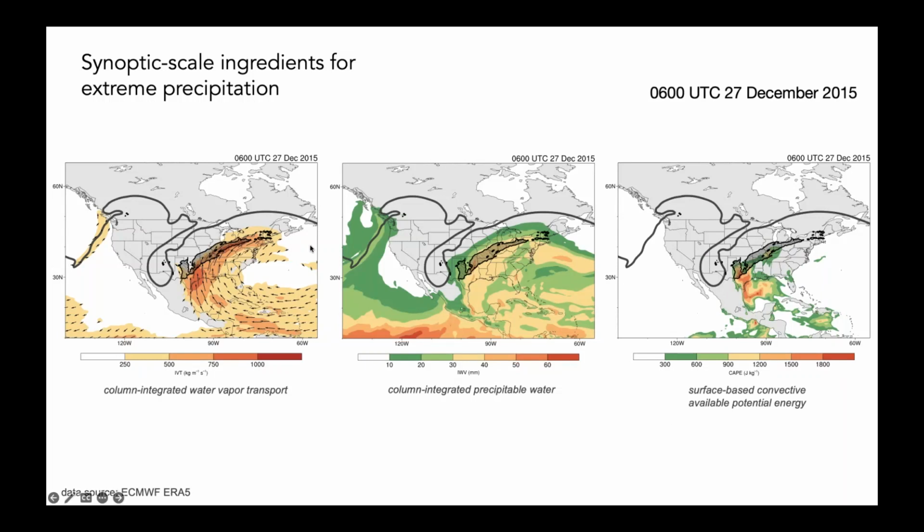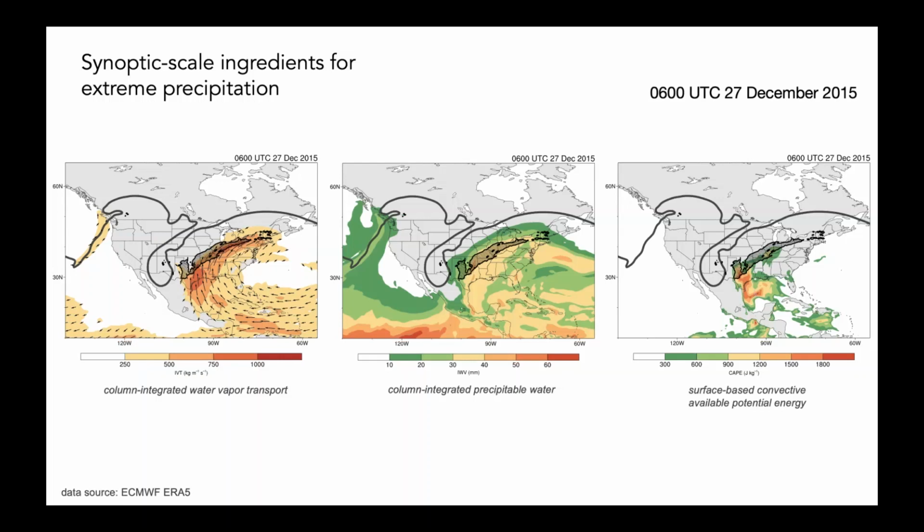And this AR, this strong area of strong water vapor flux, ensures an abundant supply of moisture, as well as establishes conditionally unstable air in the region. That's shown in the middle and in the right panel in the fields of column integrated precipitable water and surface-based convective available potential energy.